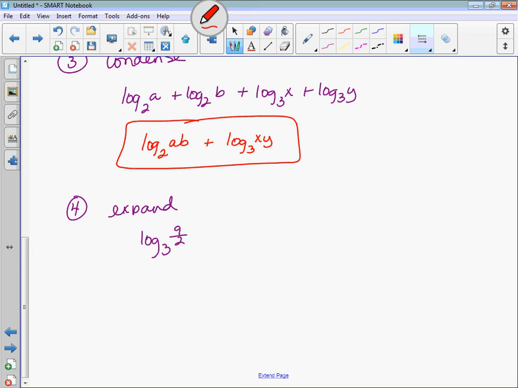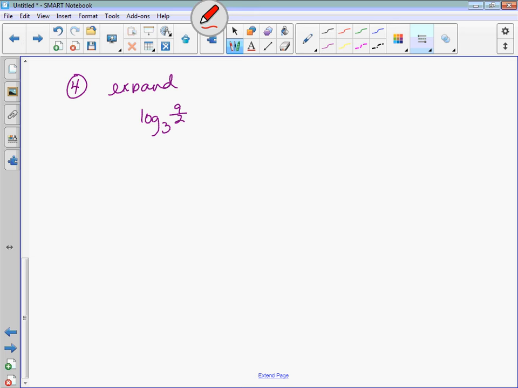Yes, when you're dividing, that's like subtraction. Remember, same with your exponents. When you divide, you subtract them. So this is going to be log base 3 of 9 minus log base 3 of 2.